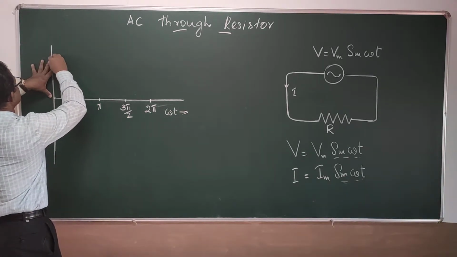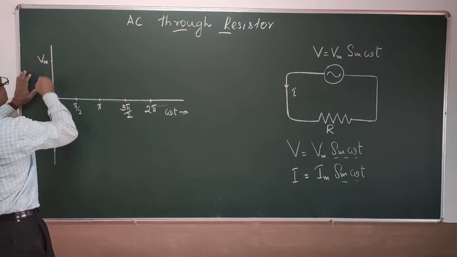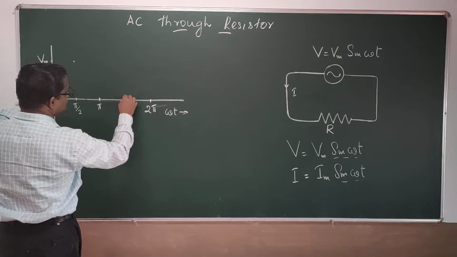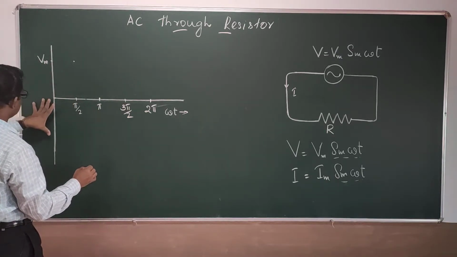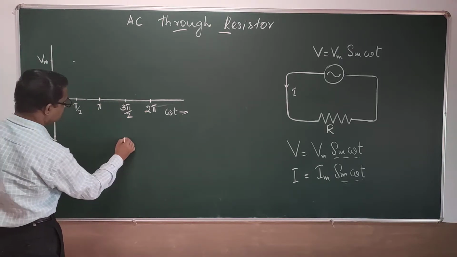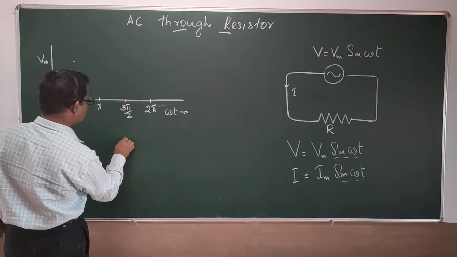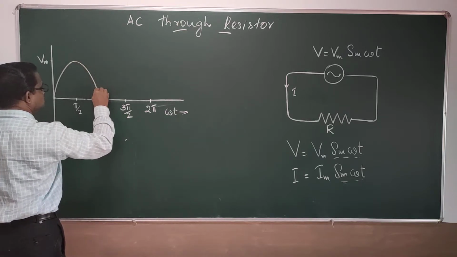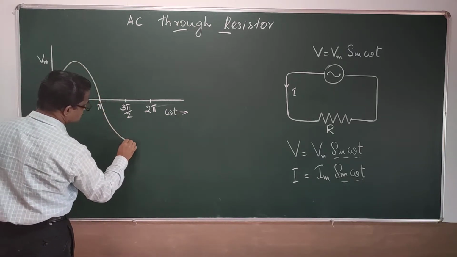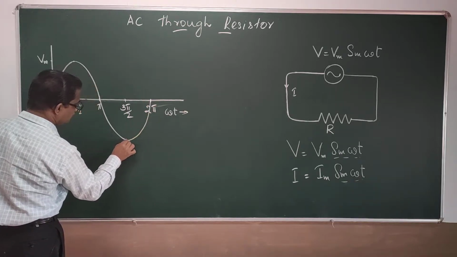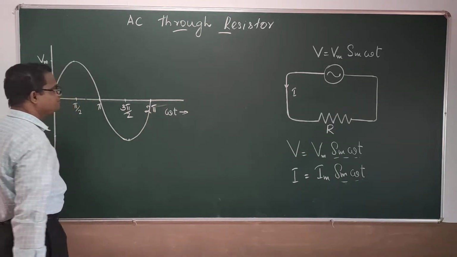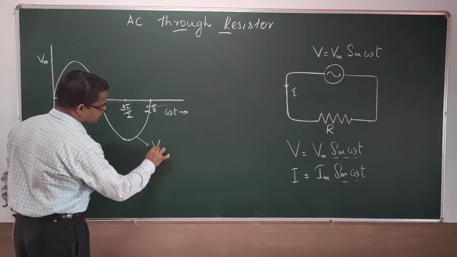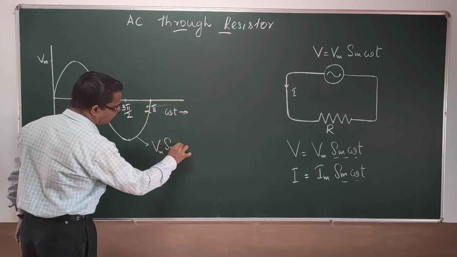And I fix this as Vm. So this is the peak, 0, and the same peak will come here. So I will be drawing the voltage variation like this. This is the sine wave of the voltage. This is actually Vm sin omega t.